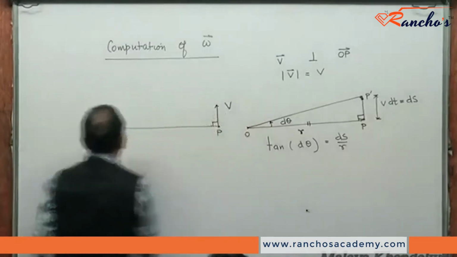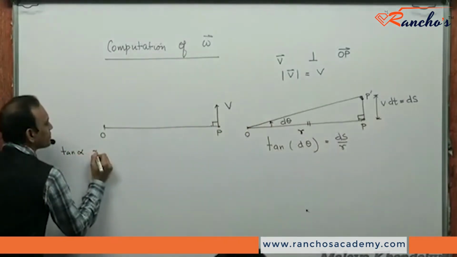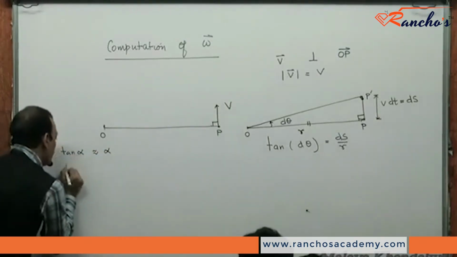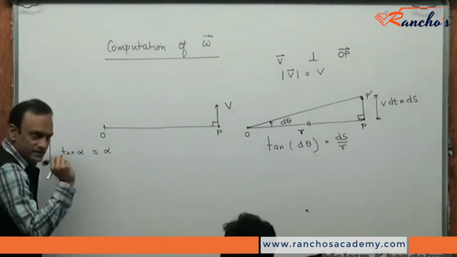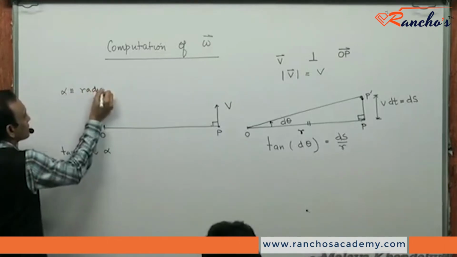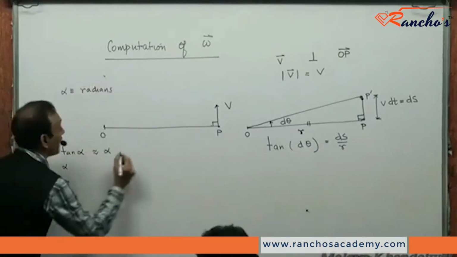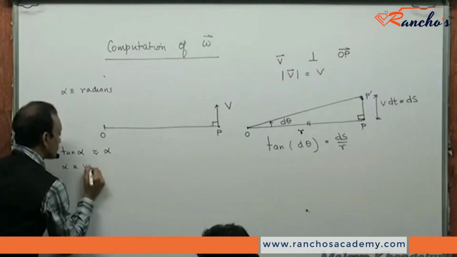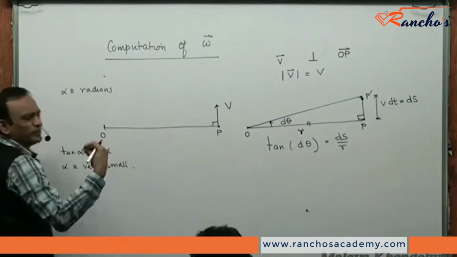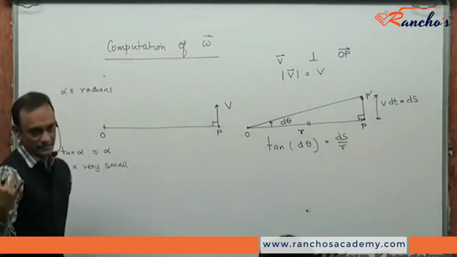Now, tan of an angle which is very small is approximately equal to alpha, if alpha is in radians. When alpha is very small, tan theta will be theta, sin theta will be theta, when theta is very small and in radians.